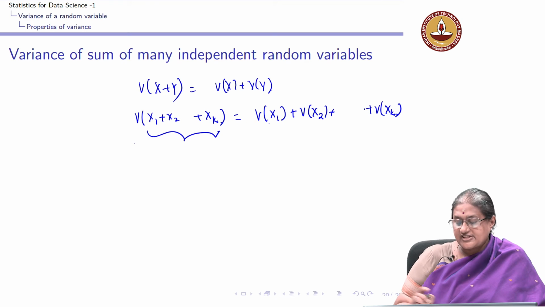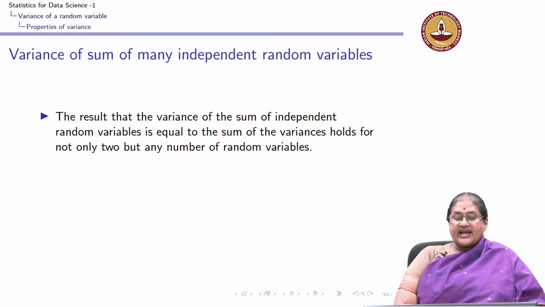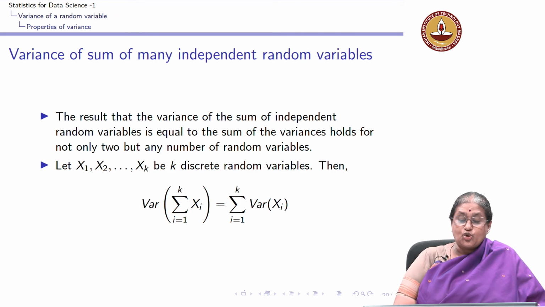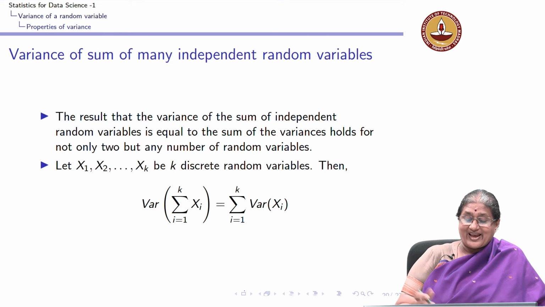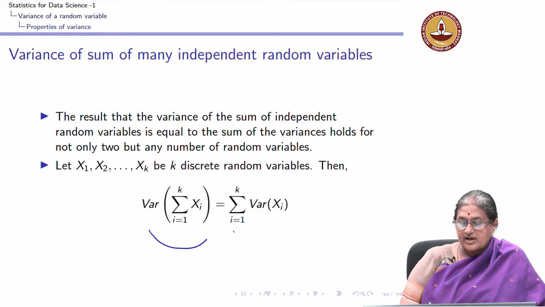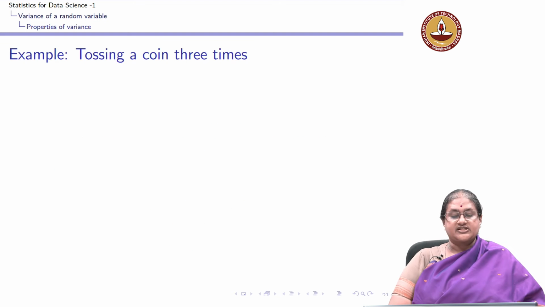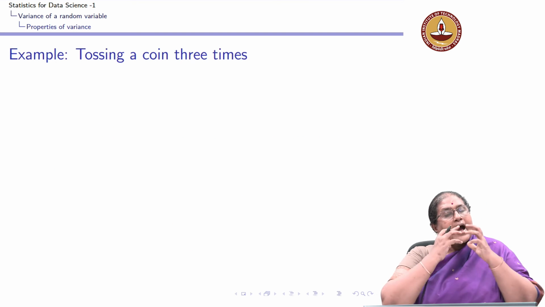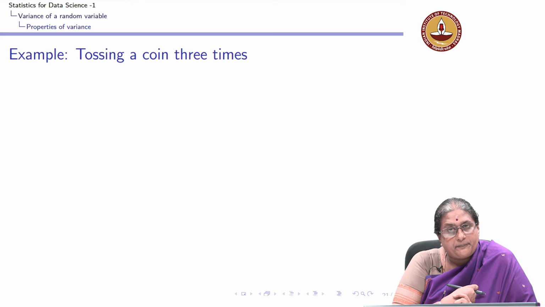Variance of sum is sum of variance. I can extend this not only to 2 but to k variables. So, variance of sum is sum of variances. Now, how do I apply this formula?